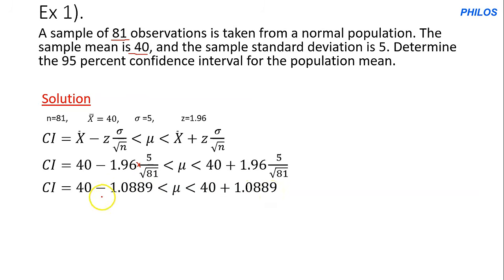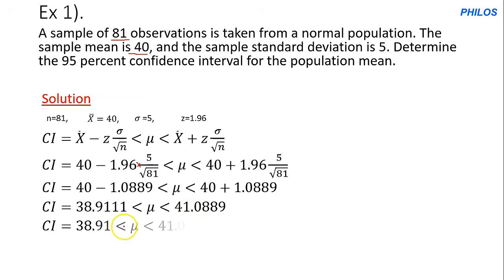So 40 minus 1.0889 will give us 38.9111, and then 40 plus 1.0889 will give us 41.0889. Now you can leave your answer like this, or you approximate it to 2 decimal places. So in 2 decimal places, our answer will be 38.91, and this side will be 41.09.